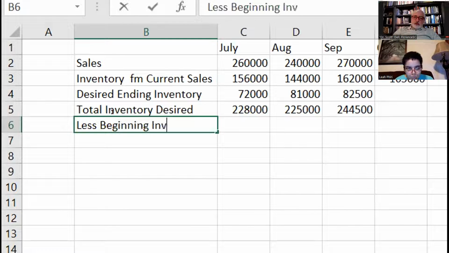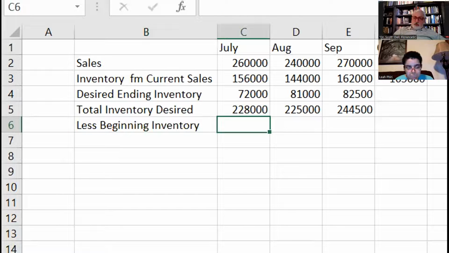How do we get beginning inventory? What's it tell us? Uh, 50% of current sales. 50% of the current month's. So we're going to take 50% times the current month.